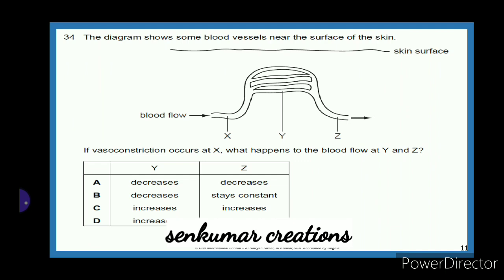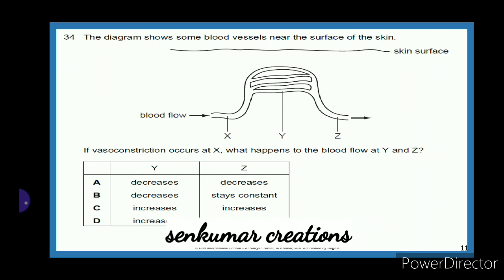The diagram shows some blood vessels near the surface of the skin. So skin surface, the blood vessel, blood flow, X, Y and Z. If vasoconstriction occurs at X, what happens to the blood flow at Y and Z? The blood flow will be very less.